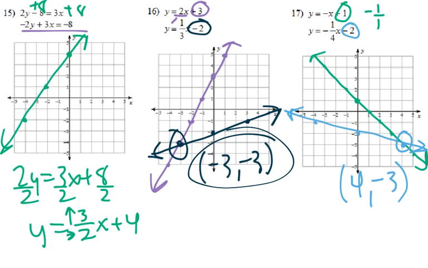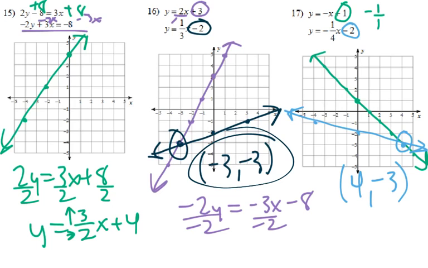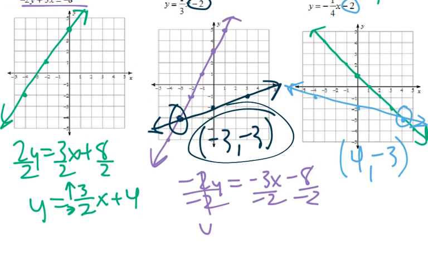That one right there. So we'd subtract a 3x from both sides. So we get negative 2y equals negative 3x minus 8. Divide by negative 2. And we get, that would cancel, y equals negative over negative makes it a positive 3 halves x.